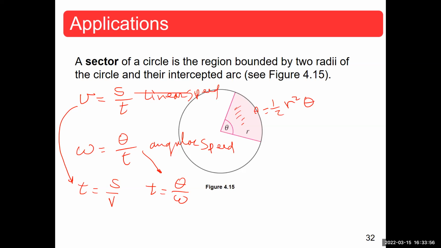We just exchange the positions of T and omega, and T and V. Set them equal. What are you going to get here? You get S over V equals theta over omega. Cross multiply: V theta equals S omega.